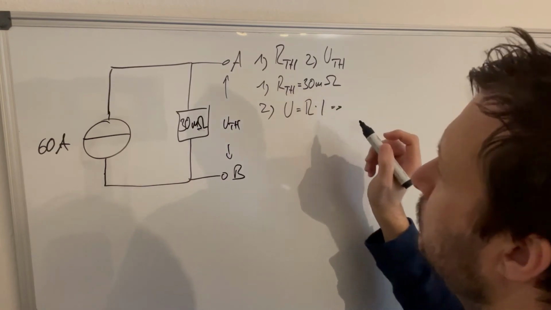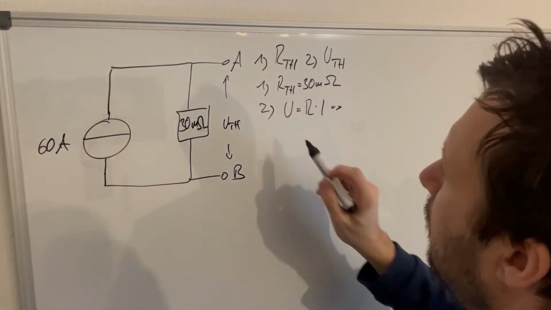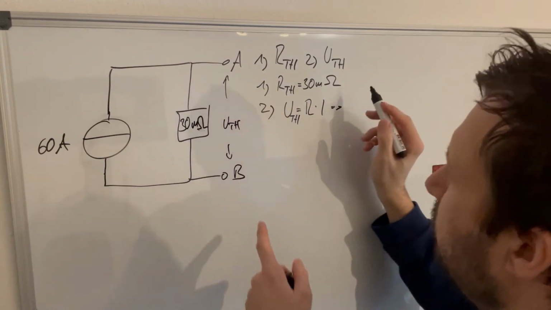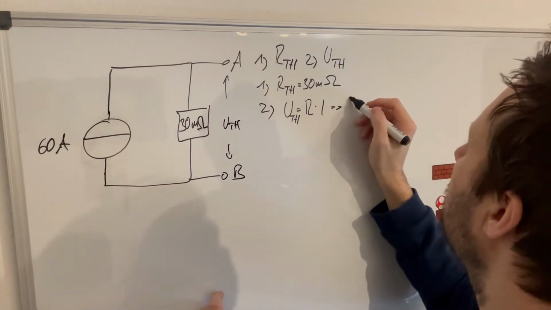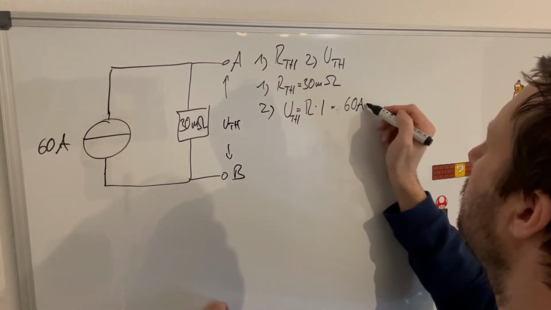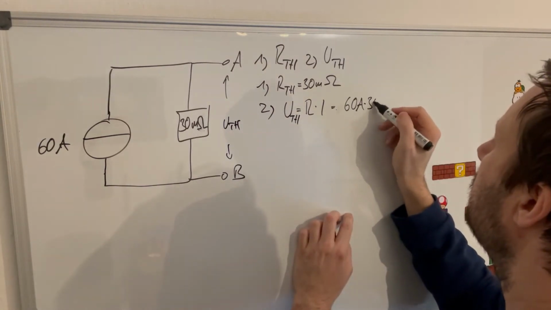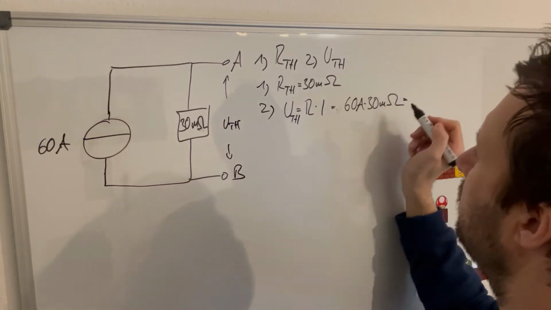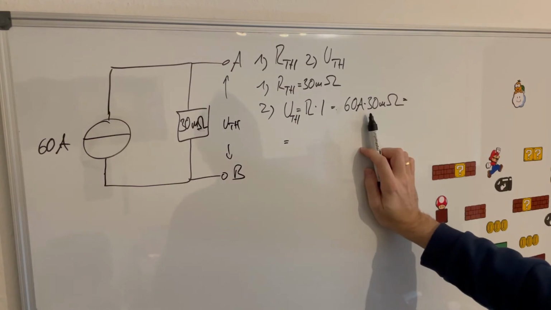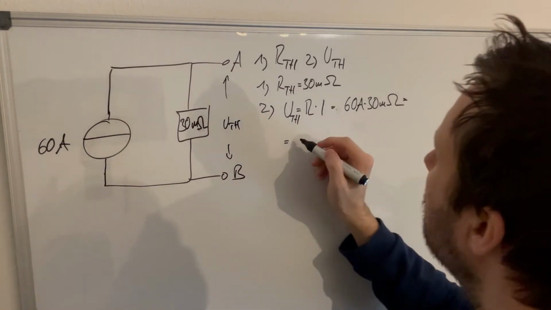So if we want to have this Thevenin's voltage, we have to just multiply the 60 ampere times 30 milliohms, and that is 60 times 30 is 1800.